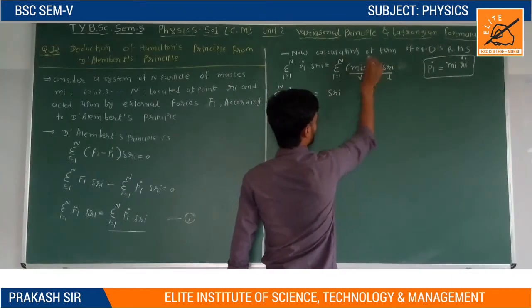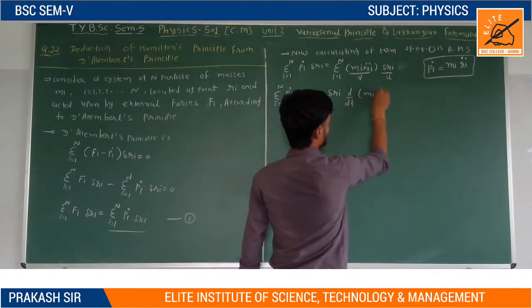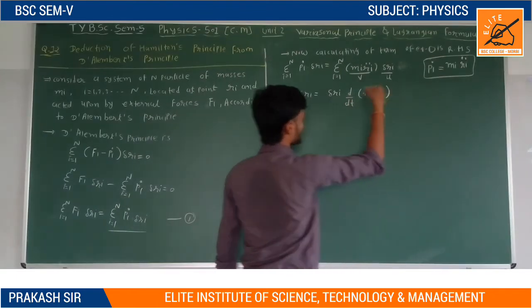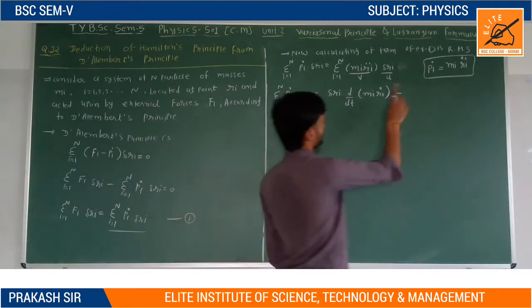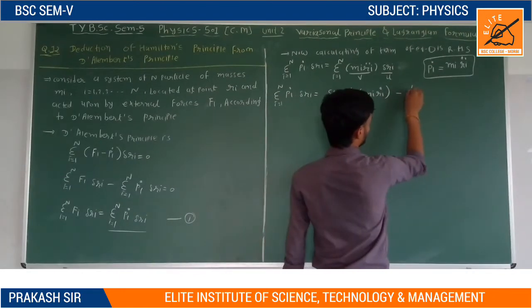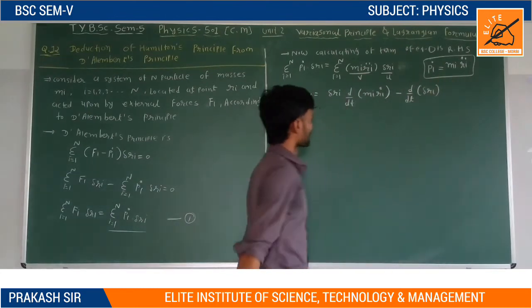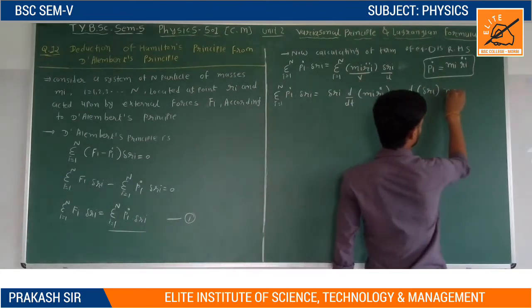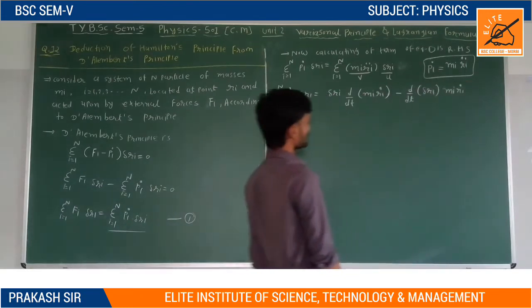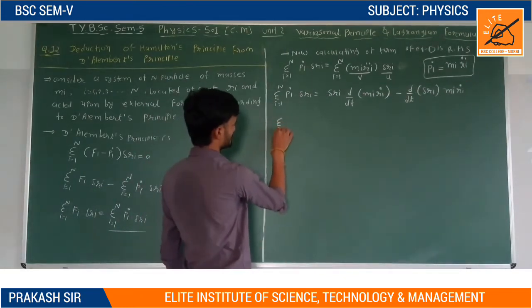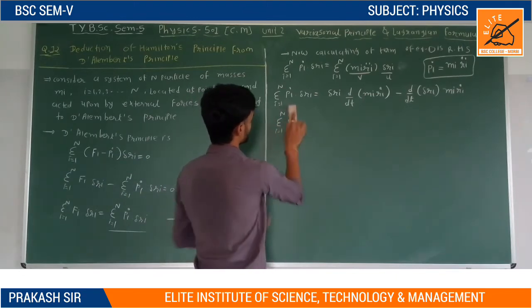So the integration of double dot, d by dt of mi into r dot, is the first part, minus the integration of the derivative of the other term.